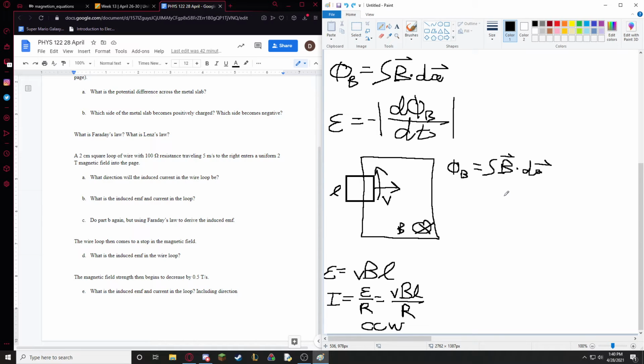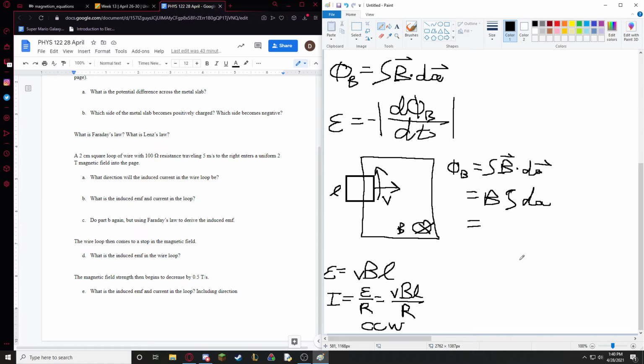And then you said magnetic field was constant, right? Yes. So we have our B, and then we have the integral of dA. What's the integral of dA? That would be the length times what would our variable be for the width?